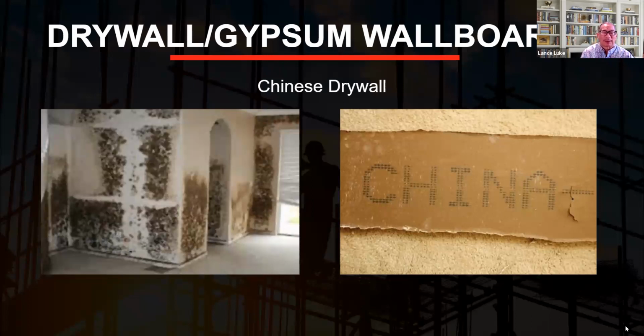So what happens is you have these cheaper drywall panels that came from China that when it arrived, it already was a problem. There was an odor to it. It smelled bad. It didn't perform correctly. Mold started growing on it and all that. So it was considered defective. Many houses basically had to be redone because of this drywall.